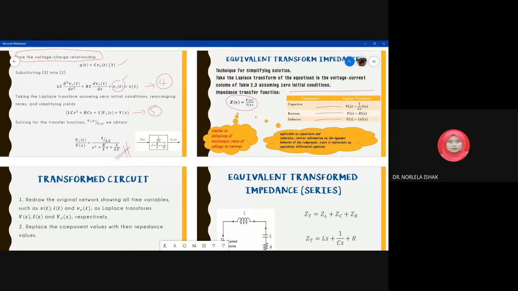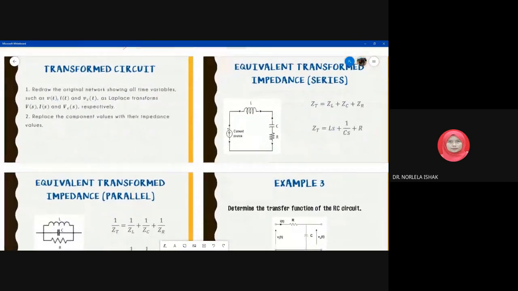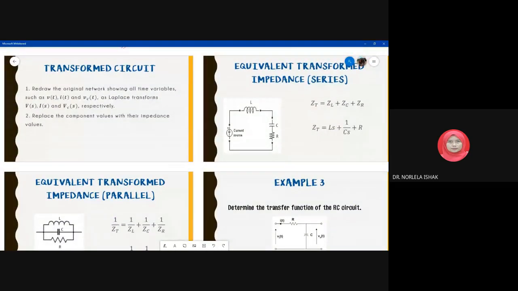So how to see the meaning? We transform from the transform circuit. For the transform circuit, we redraw the original network showing all time variables such as voltage, current and voltage capacitor as Laplace transforms, meaning V in terms of S instead of time t.